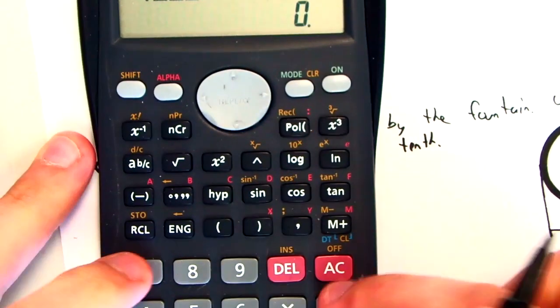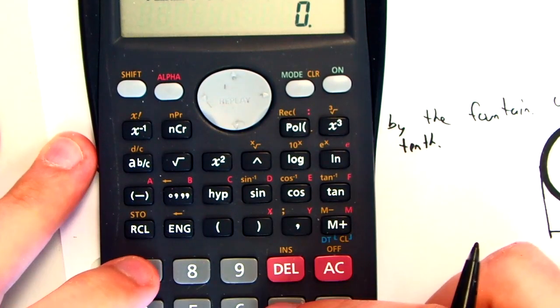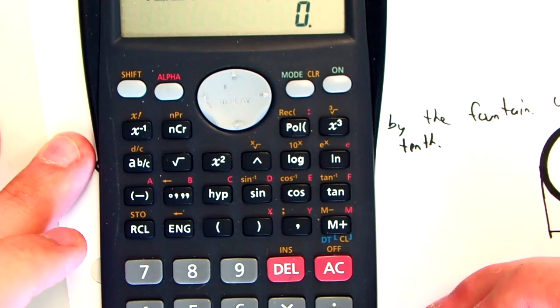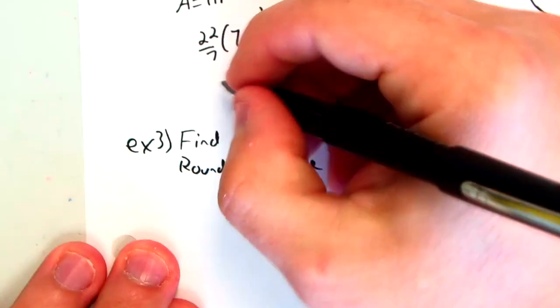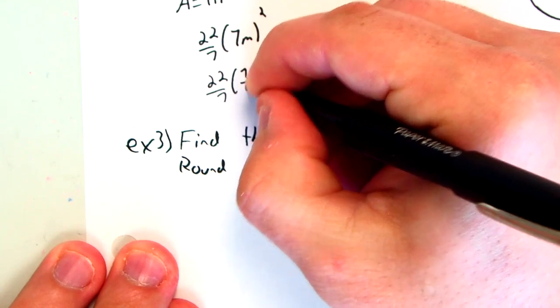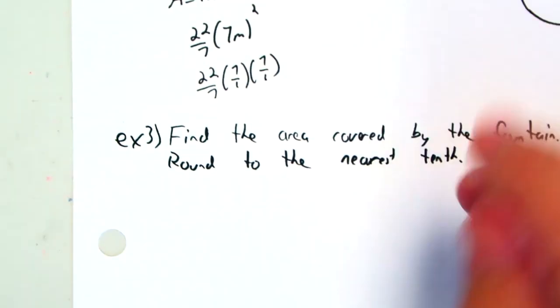So I'm going to use the parentheses. So 22 divided by 7, close parentheses. And I'm going to multiply by 7 twice. Showing your work here then would be the same as 22/7 times 7 and 7 again.